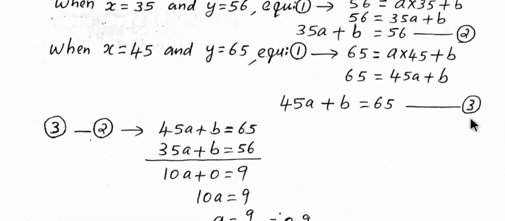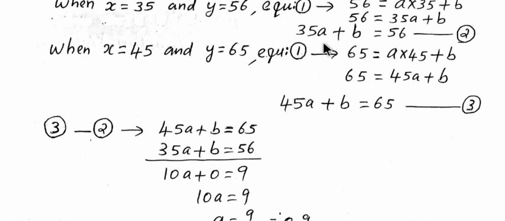Equations 2 and 3, here we can subtract: equation number 3 minus 2. First write equation number 3: 45a plus b is equal to 65.